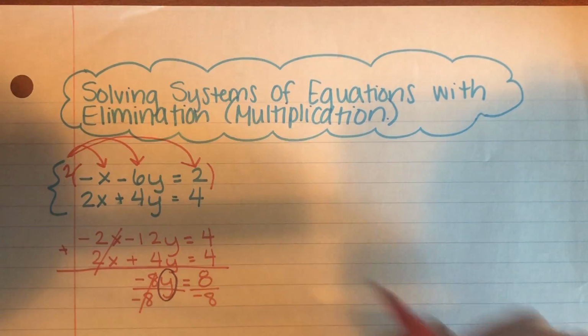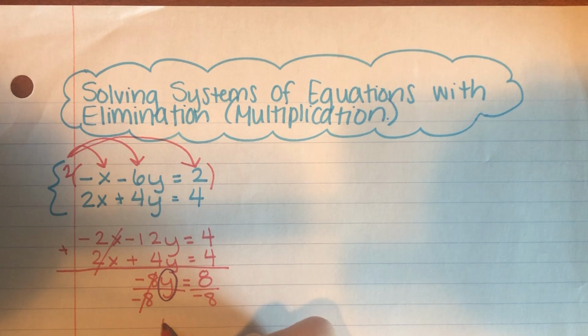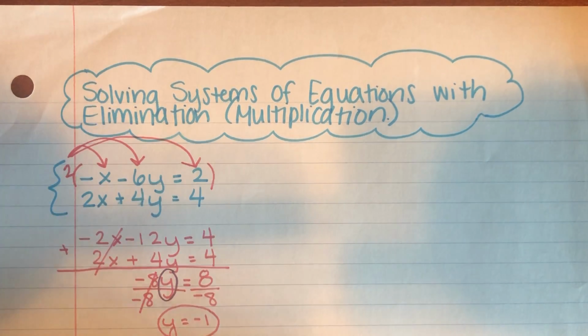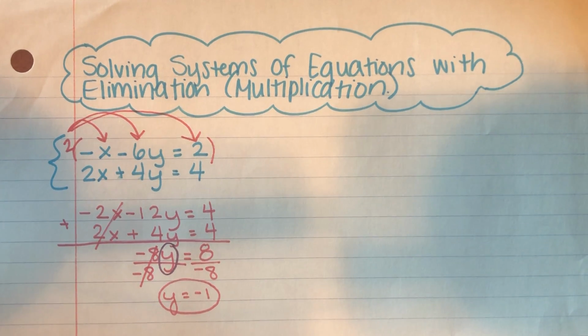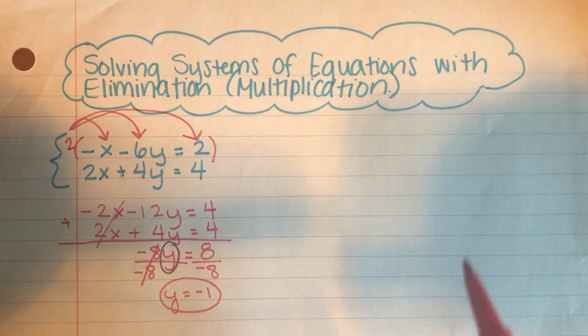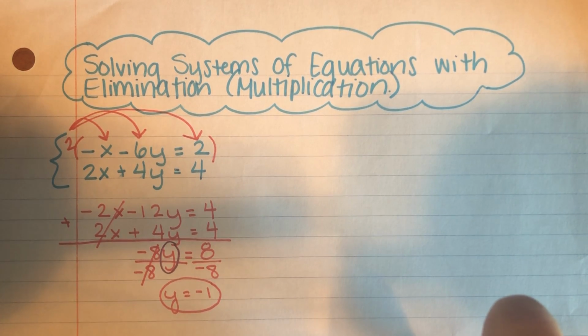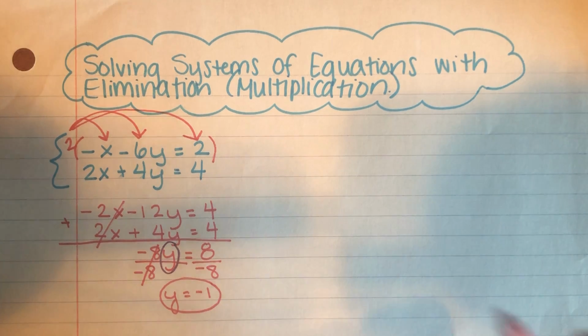My -8's cancel out, and I'm left with y equals -1. All right, and if you need to review adding your equations together to eliminate one of your variables, you can go ahead and watch the previous video, Solving Systems of Equations with Addition.